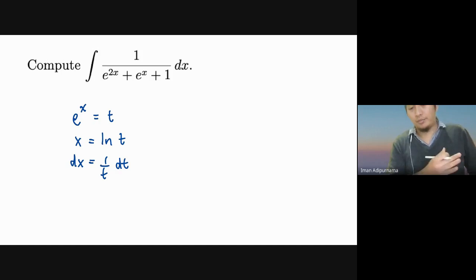So we are going to remove all the e with power of x, also changing the dx into the dt.